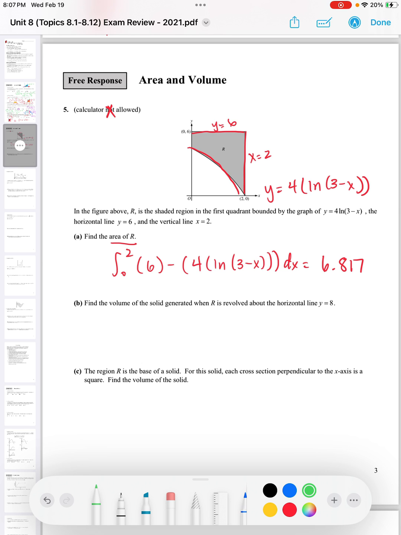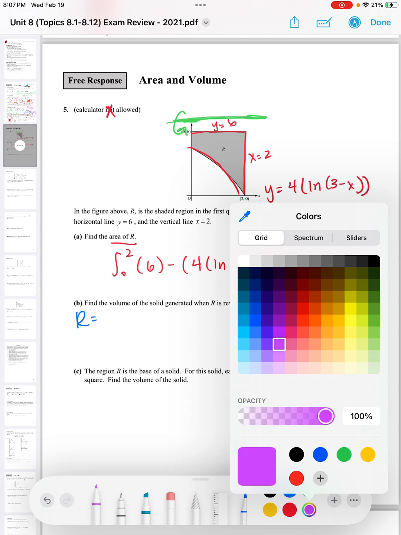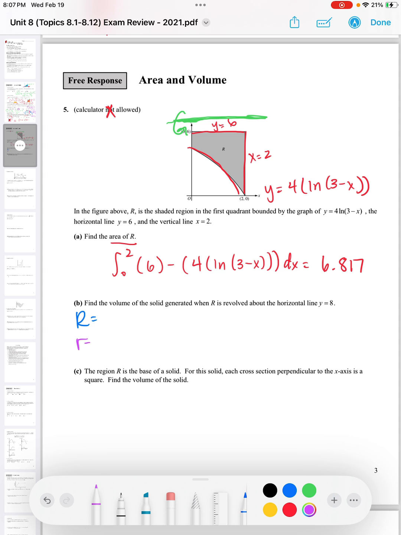All right, next one, we're going to take the volume, but now we're going to revolve it around the line y equals 8. So I'm taking this graph and rotating around y equals 8. I can see that I have some space here in my graph. My shaded region is not touching this line at all. So we know that this is going to be washer. So we're going to have a big radius and also, in this case, a small radius.